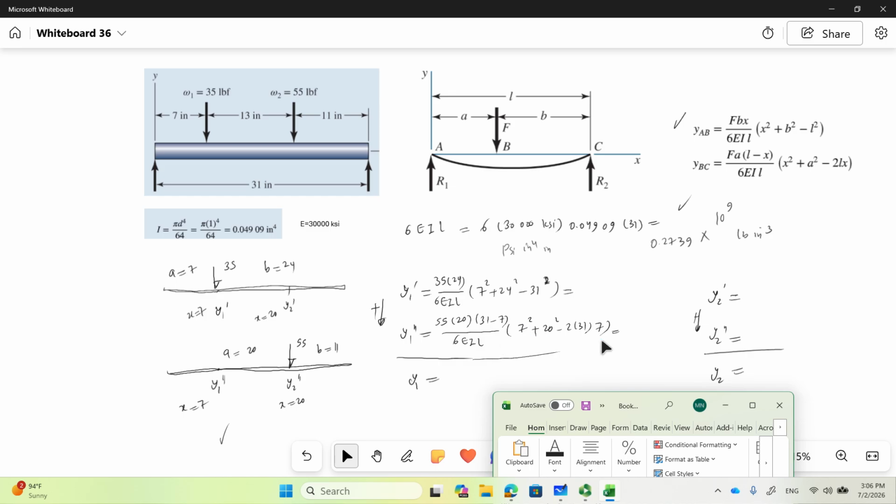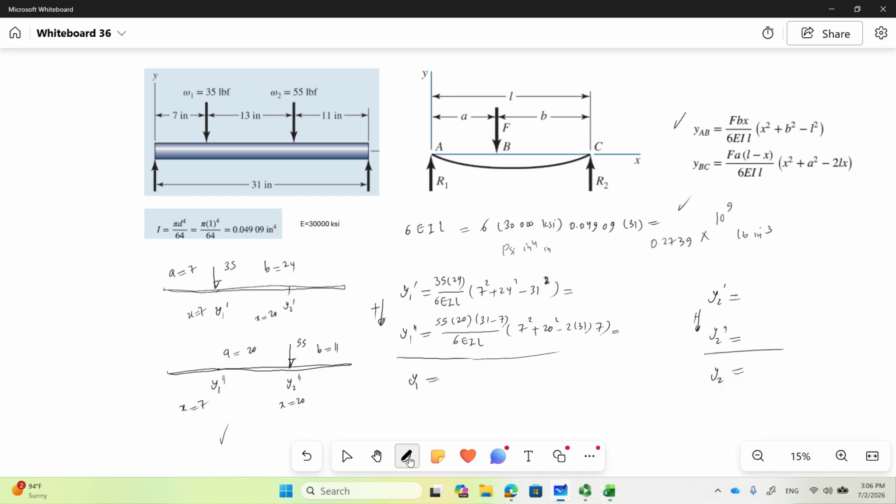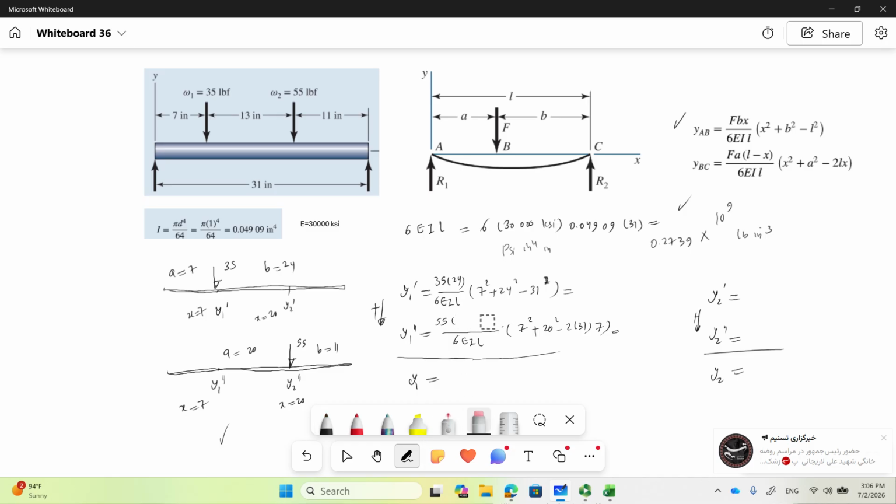I was surprised that it was coming out positive, because that's wrong. So let's modify this. I still need to use this guy. So 55 times b, let me erase this part, it's not right. I need to erase this too. Alright, sorry about that.